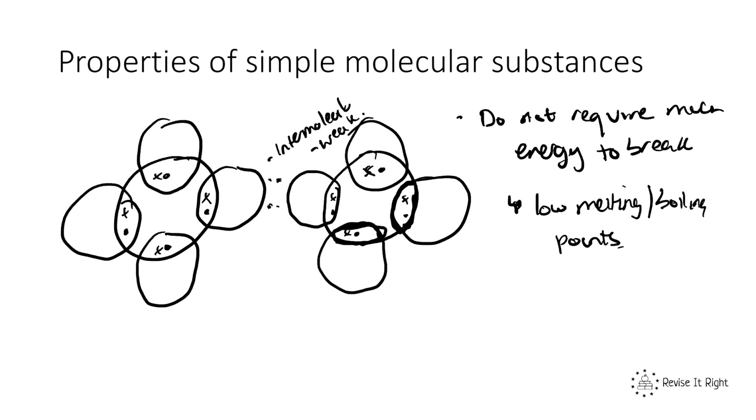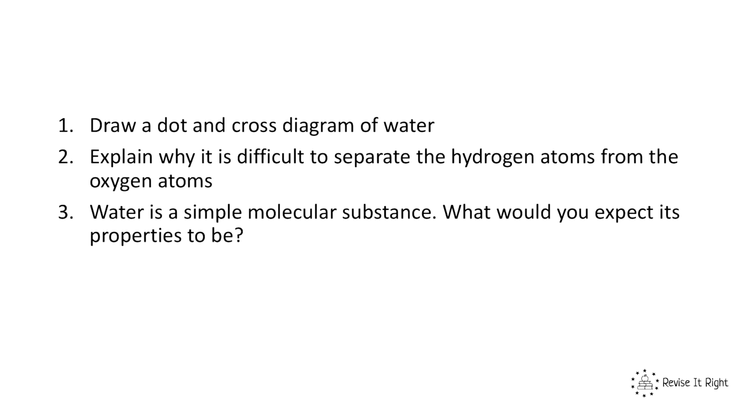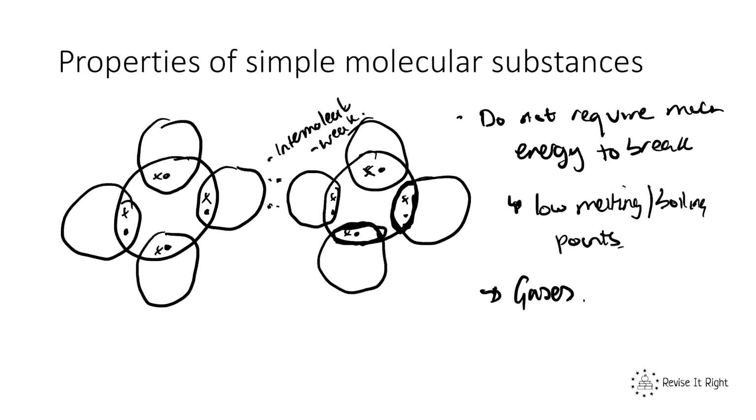This is why most of the simple molecular substances are gases at room temperature. You will find the occasional liquid, for example water. Water is a simple molecular substance and it's a liquid. But most simple molecular substances are gases at room temperature as they have a low melting and boiling point. So one property is low melting and boiling point.